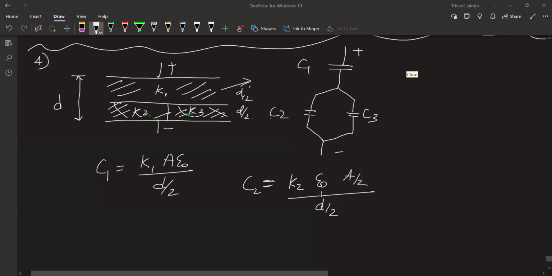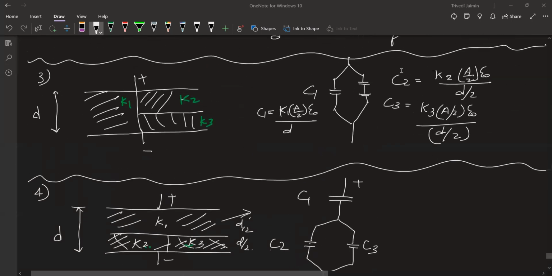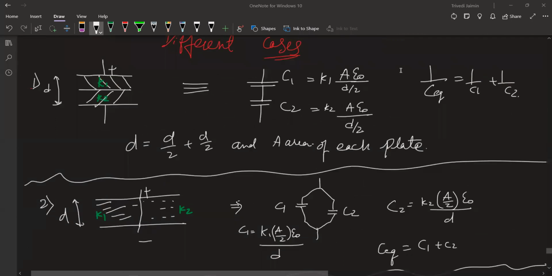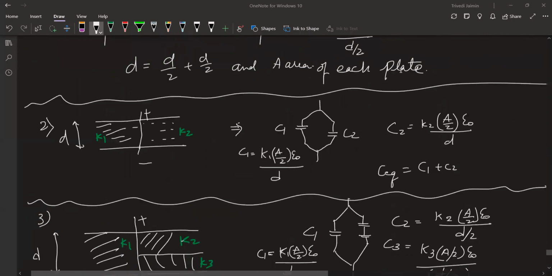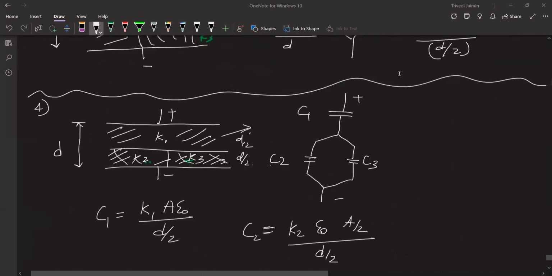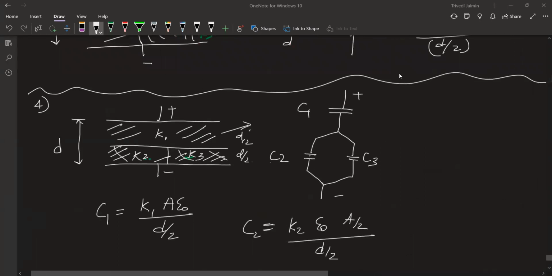And Sai Charan, what about you? Sir, are you facing some internet issue? Yes, sir. Connectivity issue? You're joining, disconnecting. So have you made a note of all this? Yes, sir. Okay then. C3 is K3 epsilon naught, A by 2 by D by 2.